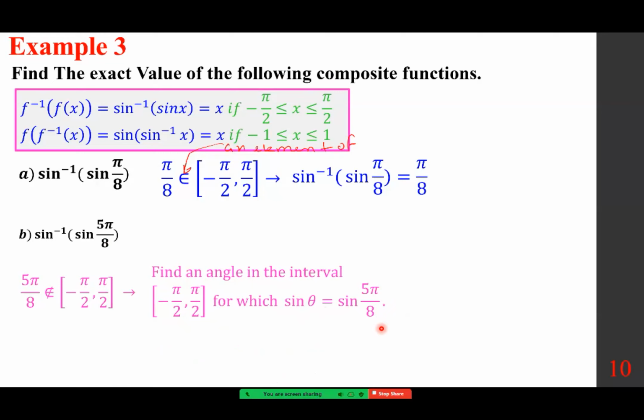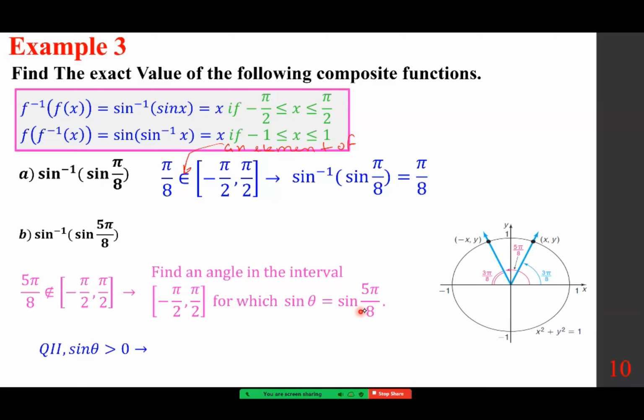Now, what is 5 pi over 8? 5 pi over 8 is an arc that belongs to the second quadrant. In the second quadrant, you know sine is positive. So all you have to do is find the reference arc for that, which is 3 pi over 8.